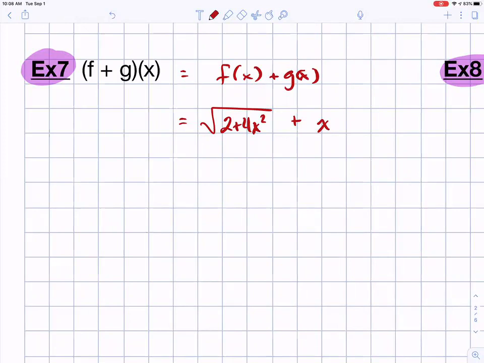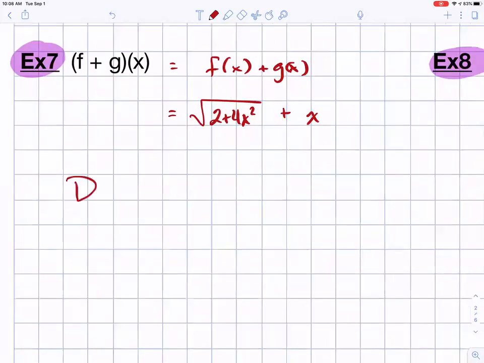What's on the inside? 2 plus 4x squared. Reed, what am I supposed to do with the inside? What's it say? How'd you lose that page? If the inside of an even root is positive or equals 0, the inside is greater than or equal to 0, then solve for x. Okay, so make it greater than or equal to 0.